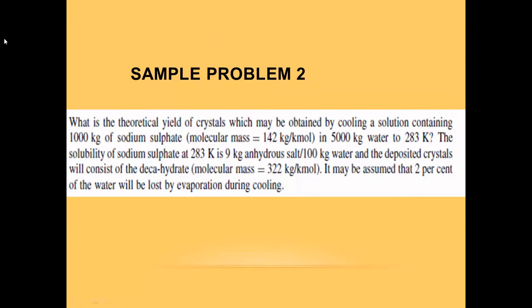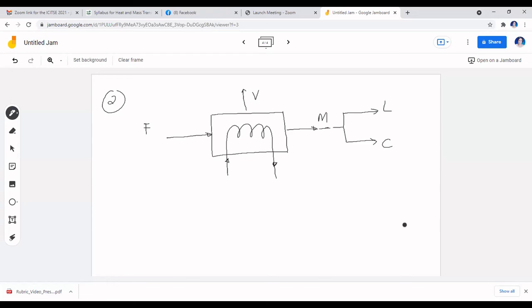We'll go back to our board. Okay, so for our feed, we have 1,000 kilograms of sodium sulfate dissolved in 5,000 kilograms of water. It is to be cooled down in this crystallizer to 283. Okay, so that's the information that I get from there.